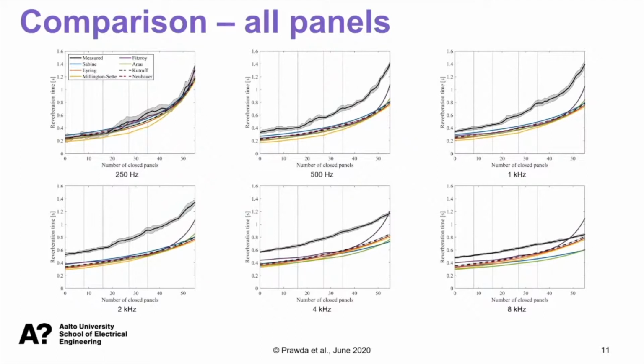Also, what you can see is that in many bands like 500 Hz, 1 kHz, and 2 kHz, when the absorption decreases, there is a non-linear increase in the reverberation time. And most of the models cannot repeat this increase.